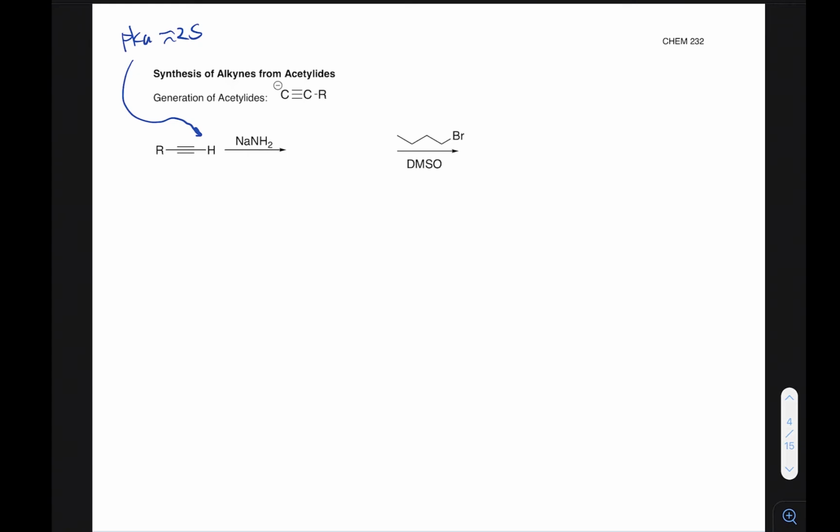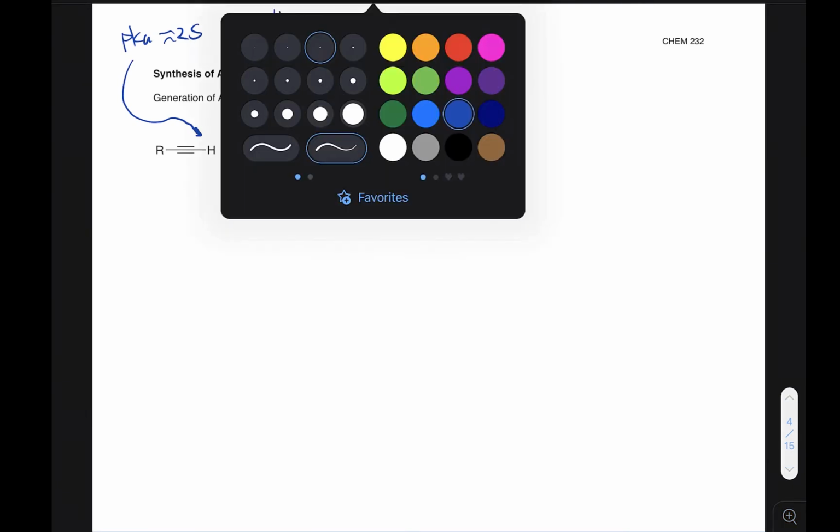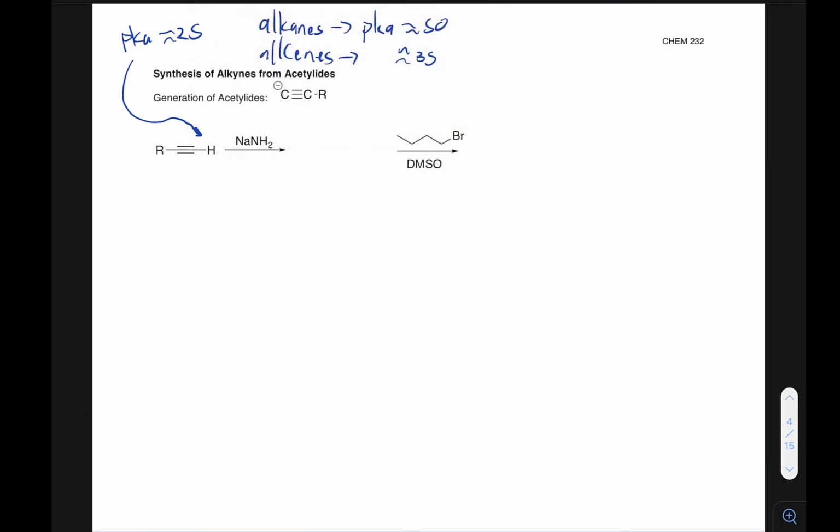That's in comparison to alkanes, just simple sp3 carbons, which have a pKa much higher of about 50, and alkenes have a pKa of I believe about 35 or so, right? So these alkynes, while not as acidic as even, say, water with a pKa of 16, are still pretty acidic. So what we can do with these is we can react them pretty readily with a strong base.